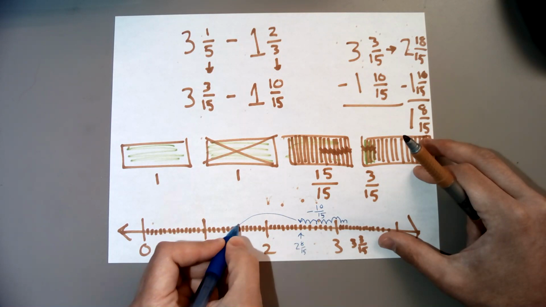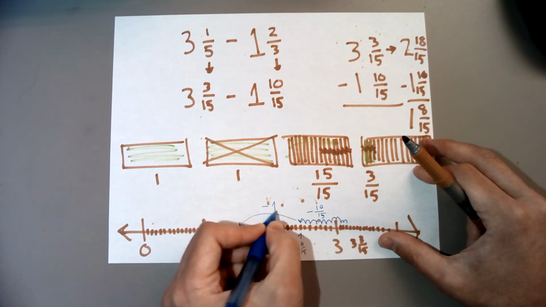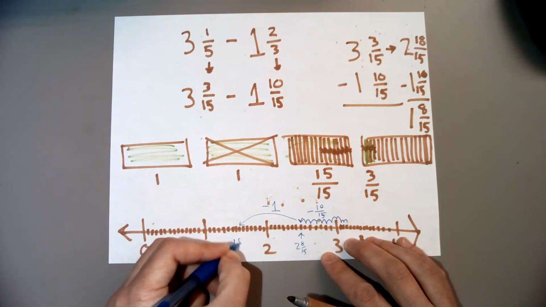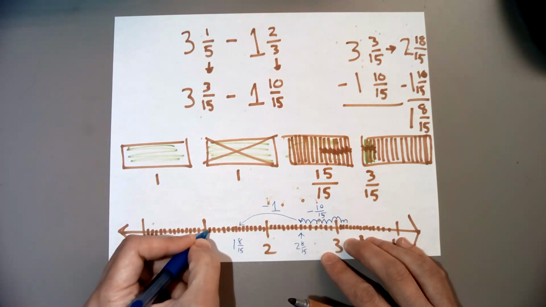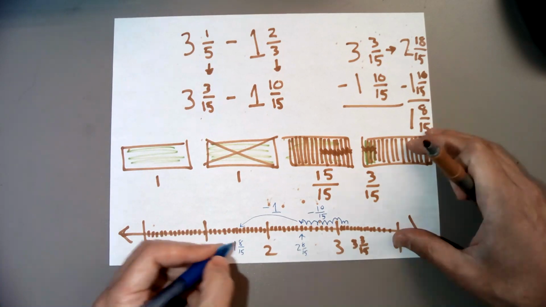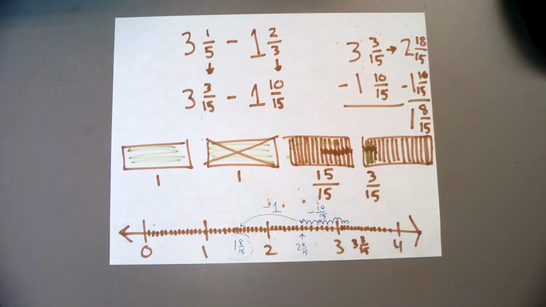Right there. Jump back a whole. So from 2 and 8/15, back a whole would be 1 and 8/15. Did I do that correctly? 1, 2, 3, 4, 5, 6, 7, 8/15. Very good. Okay. So a few ways to show this.